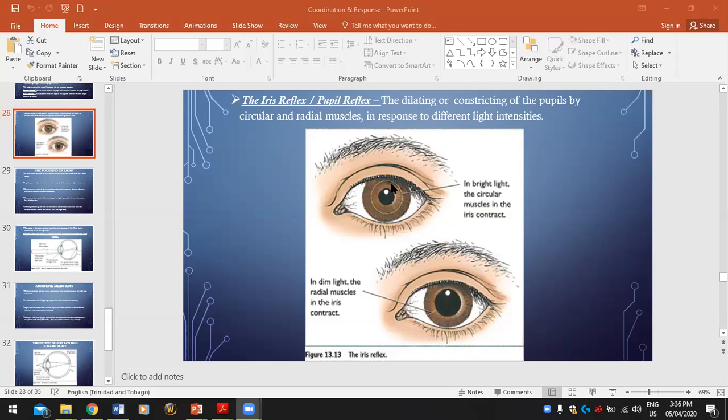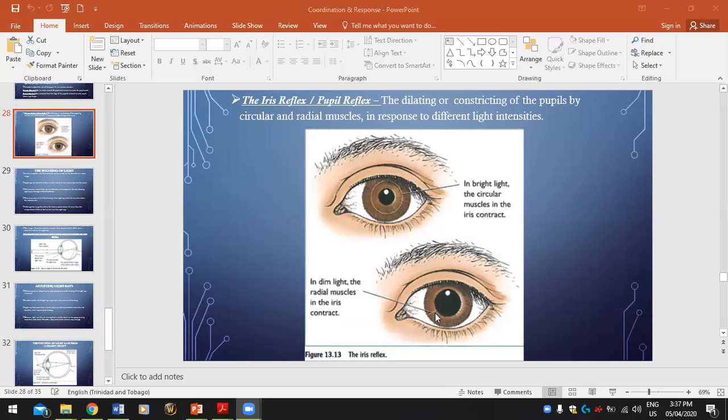Because when you have muscles, they're typically supposed to contract to produce a certain effect. So when one contracts, the other relaxes. When the other one contracts, then this one will relax. So if you want your pupils to get smaller, your circular muscles will contract, closing in your pupil or making it smaller. When you want it to become wider, your radial muscle, which is this, will contract, pulling your pupil wider open.